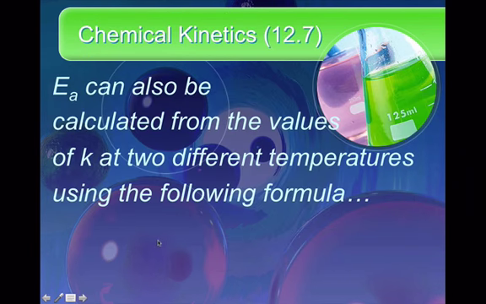The second thing we're going to do is see if we can calculate activation energy from the values of K at 2 different temperatures using the following formula. You guys already have this one on the paper, but I'm going to rewrite it so we can talk about it.